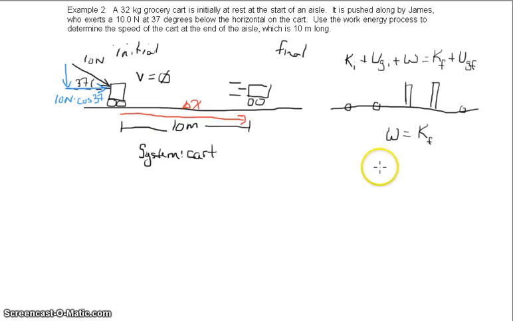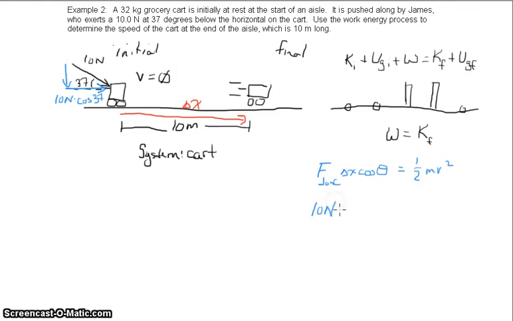So we can substitute all this into our expressions. We have the force of James on the cart times the displacement times cosine of the angle between the two is equal to 1/2 mv squared. We're looking for the velocity here, so we can start substituting numbers in.